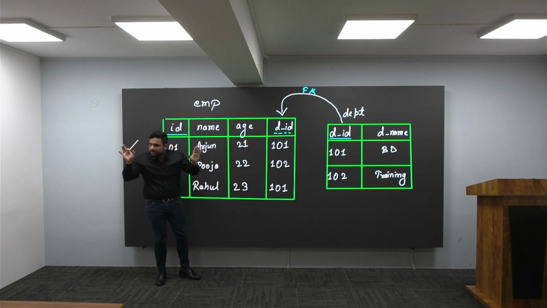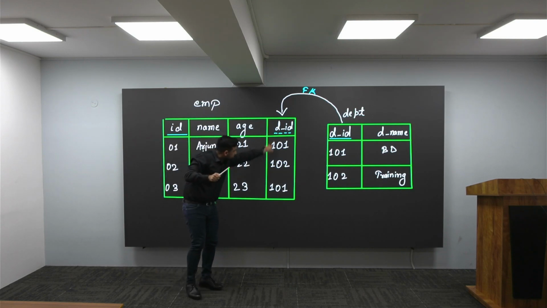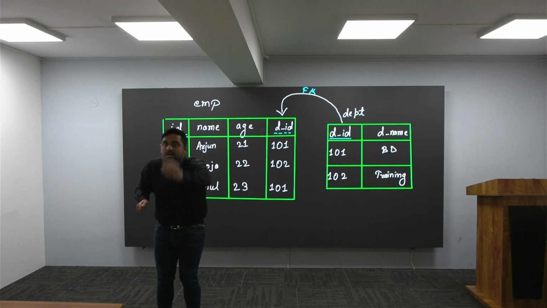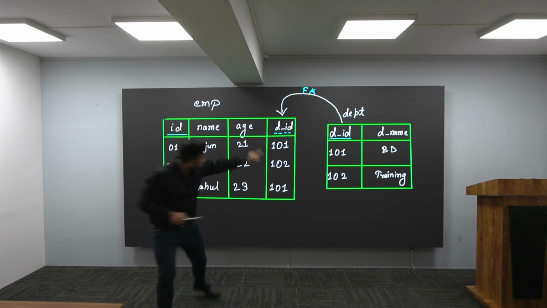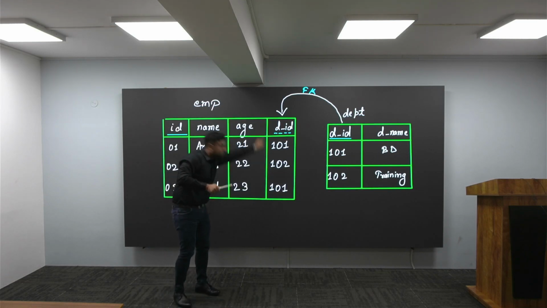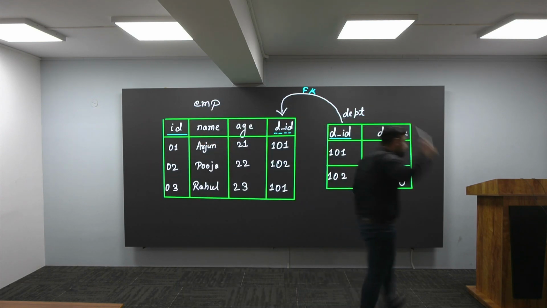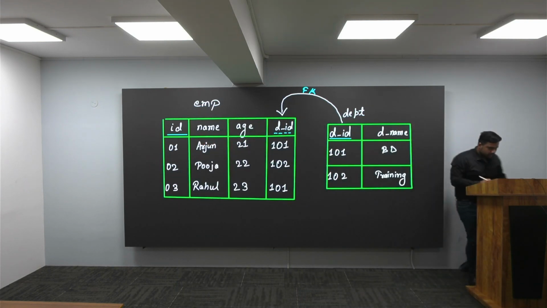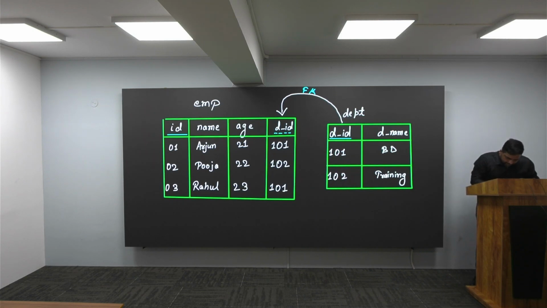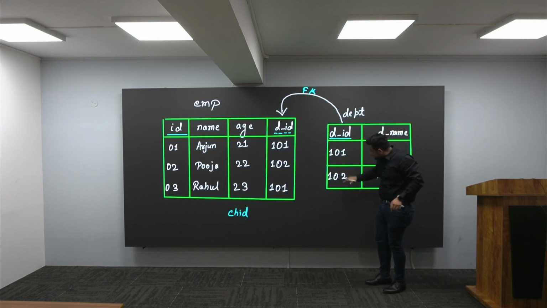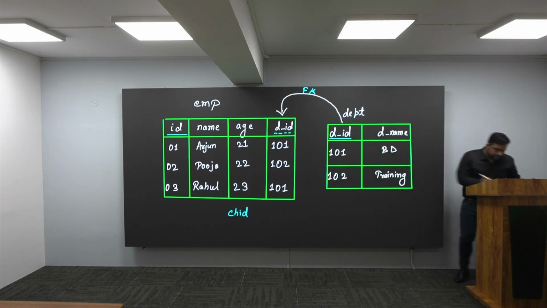Did you understand? So my friend, this table is your dependent table, where we are having a foreign key. This is a dependent table, and this is also known as your child table. And the table from where you took the primary key is known as your parent table.